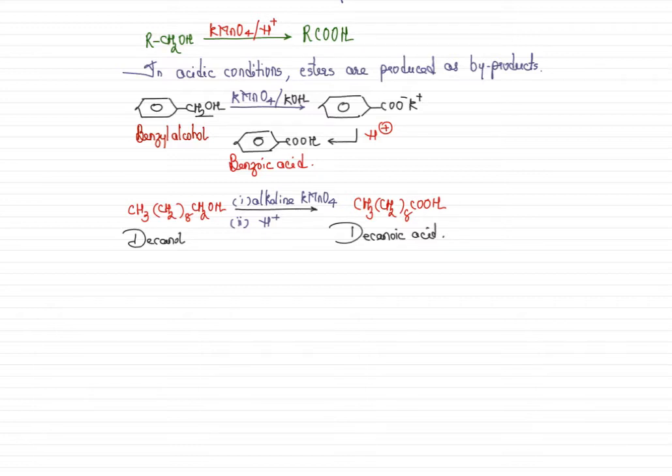Now, as far as aldehydes are concerned, we've already taken up how aldehydes can be converted into carboxylic acids. But any aldehyde, RCHO, apart from using all the above reagents, you can even have RCHO becoming RCOOH in presence of mild oxidizing conditions, like you can use Tollens reagent here.